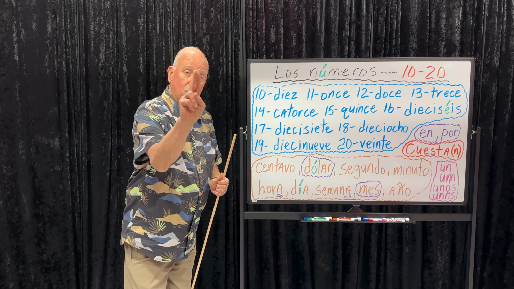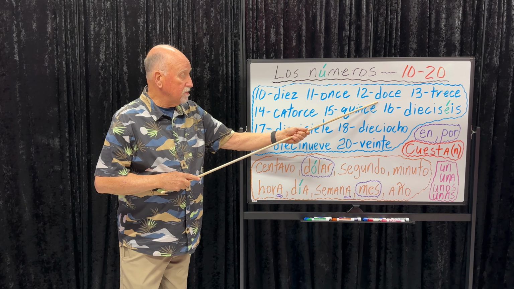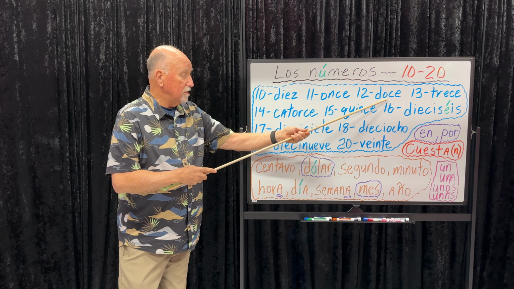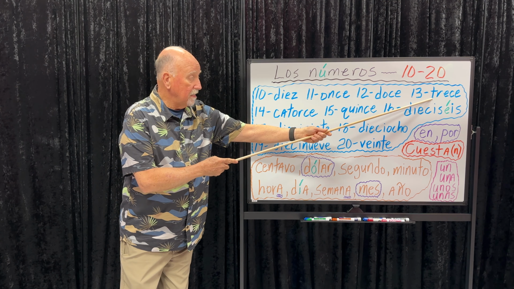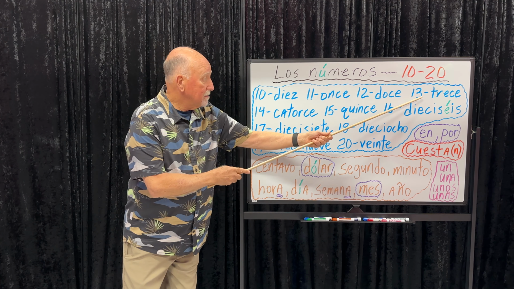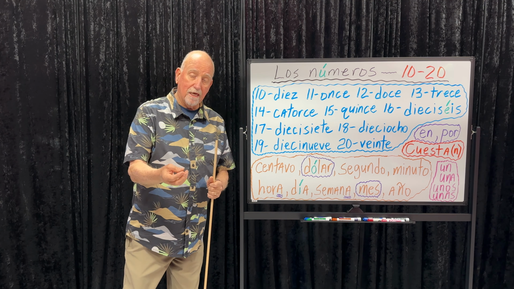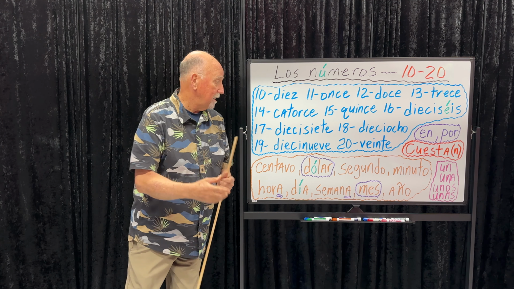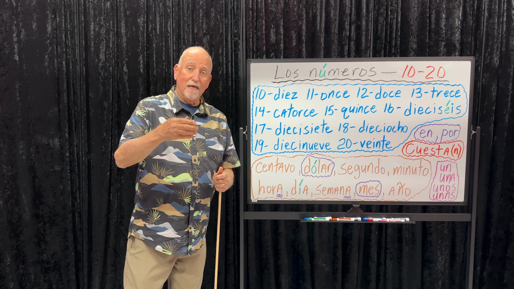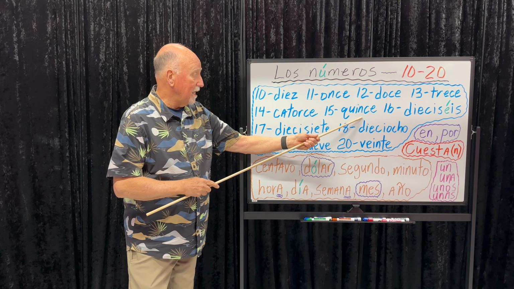Two vowels together making one sound. 12, 2 is dos, 12 is doce with a CE. 13, like a girl's name, Tracy, but 13. 14. 15, keen, like I'm keen on that idea. Say, quince.